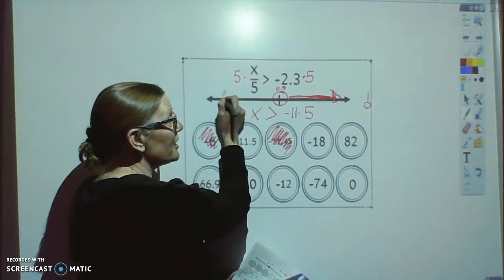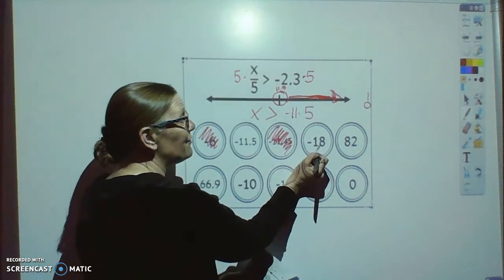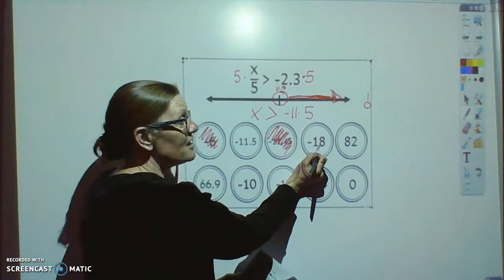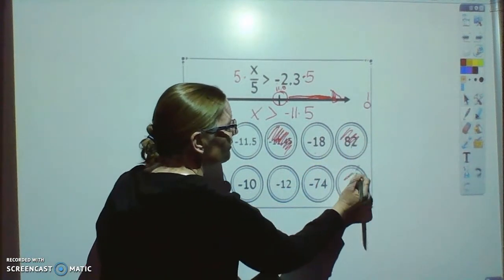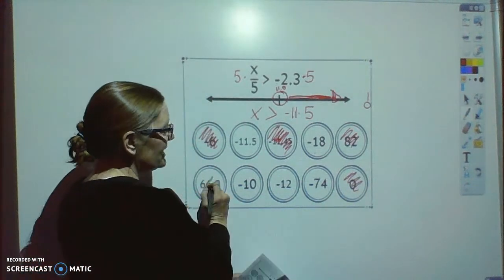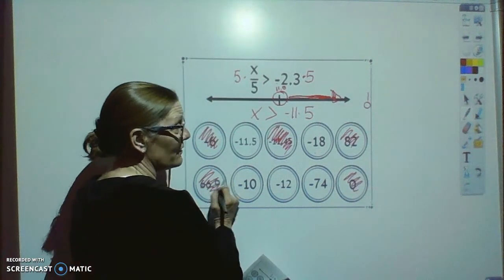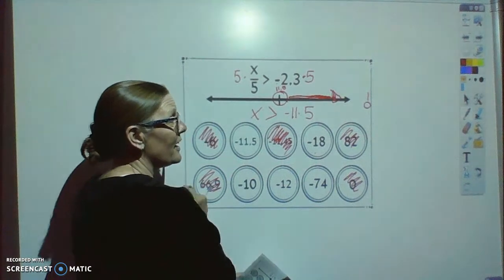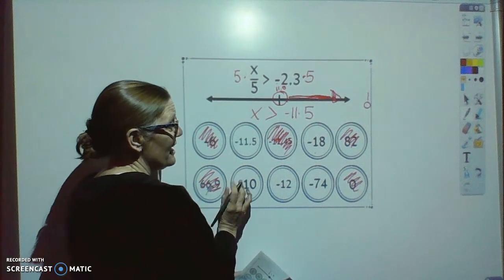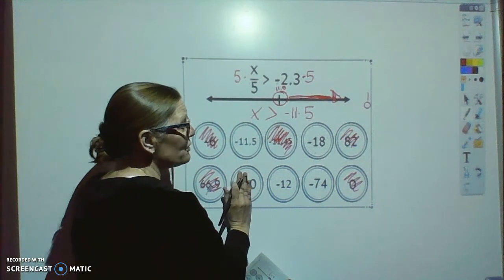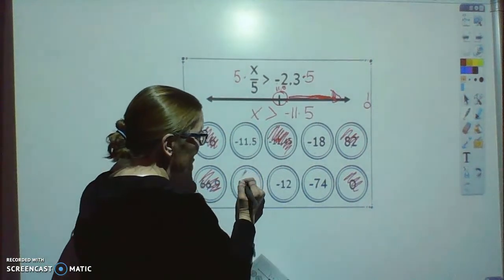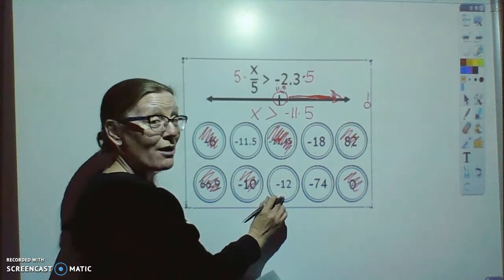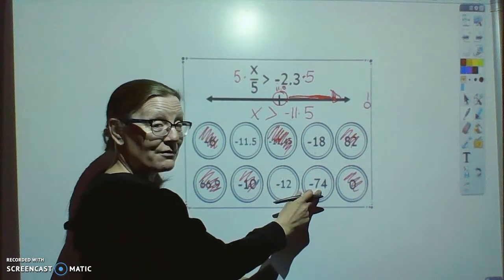Negative 18 on the number line, remember to the left is less. This is not a solution. 82, it is. 0, it is, right? 66, anything positive is going to be greater than negative 11.5. But if it is negative, I have to look at where it lies. Is it going to be to the left? Yep, negative 10 is. Negative 12 is not, nor is negative 74.